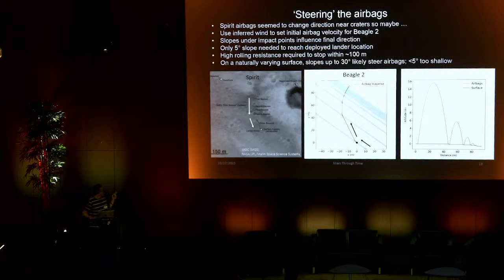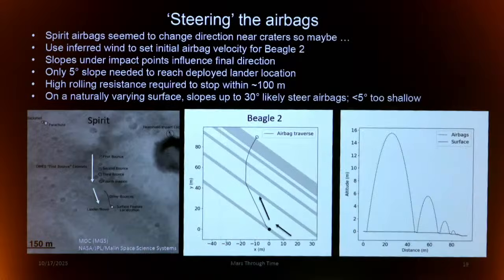I remembered from a previous study that the Spirit airbag bounce marks showed on the left, they seem to suggest that it was deflected by some rough ground, perhaps around the craters. It might have bounced inside one of the craters, being deflected off the crater wall.